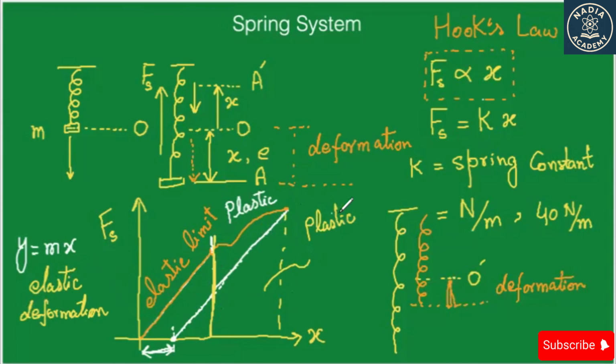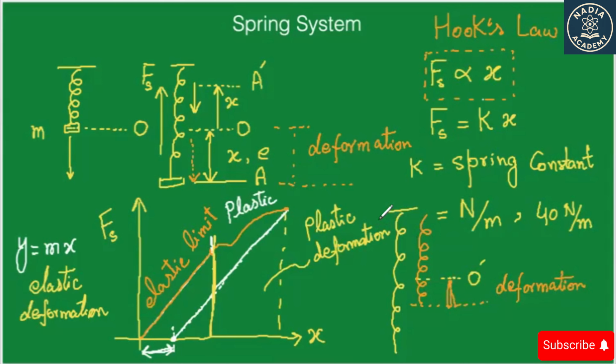That is plastic deformation. So this is actually very easy to understand, and we can understand this with this spring system, because a spring system is a simple system to understand.